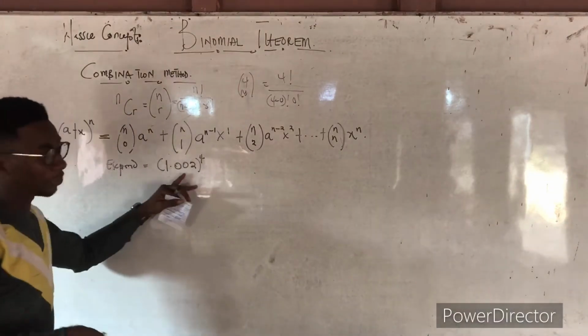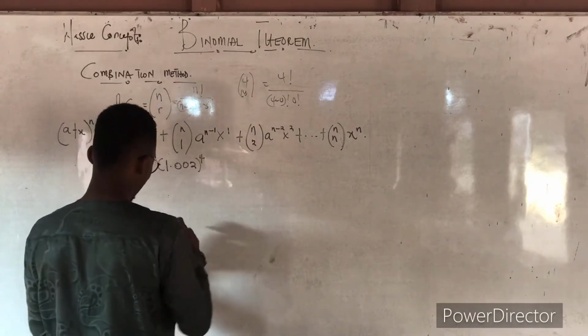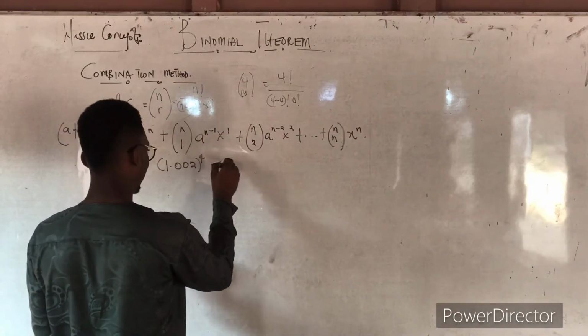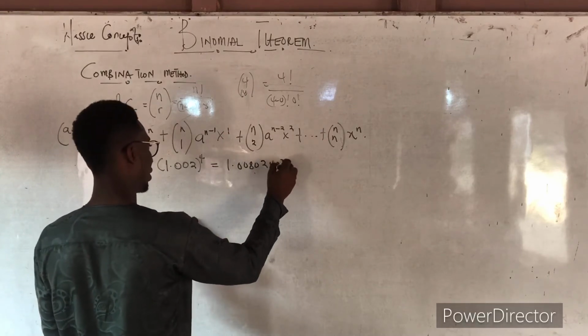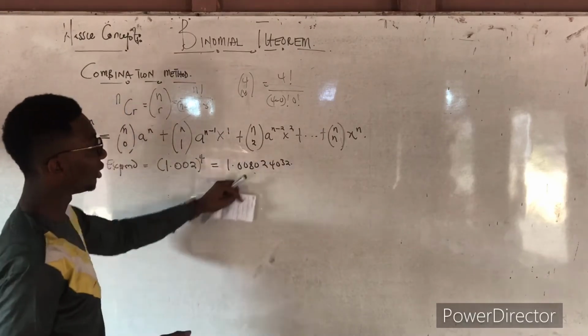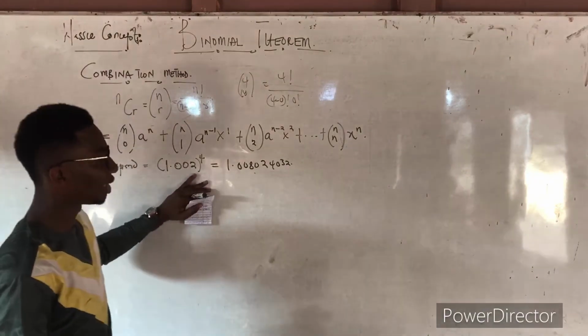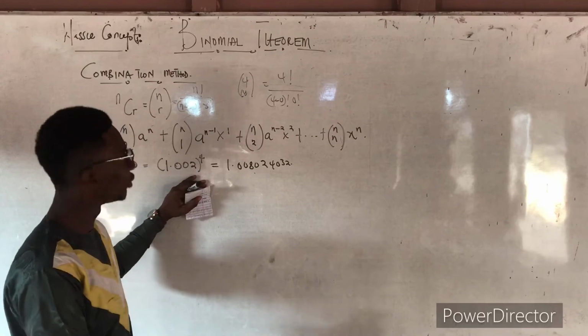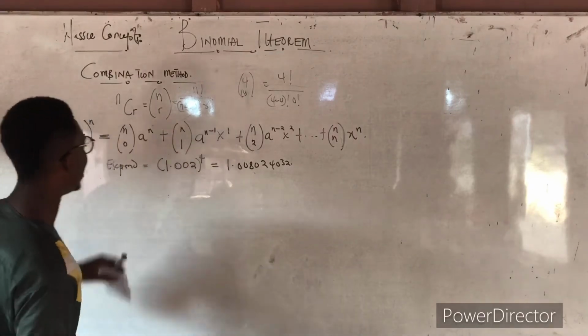Now you can easily punch it on the calculator and you get the answer. When you punch it on the calculator, you'll be getting 1.008024032. But now the question says that we should use the procedure to solve it by the combination method. We have to use the same idea here.